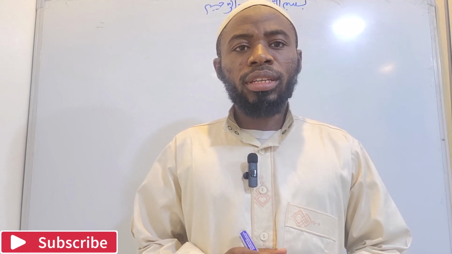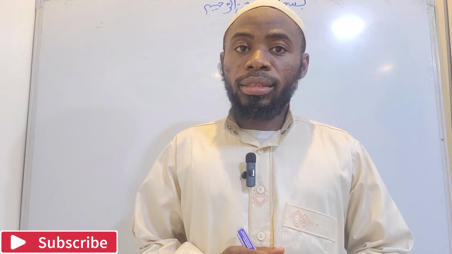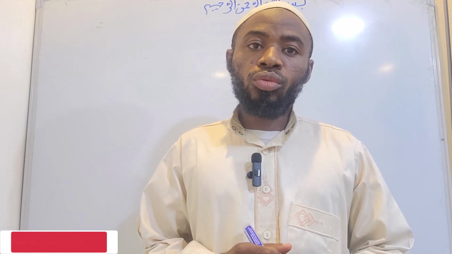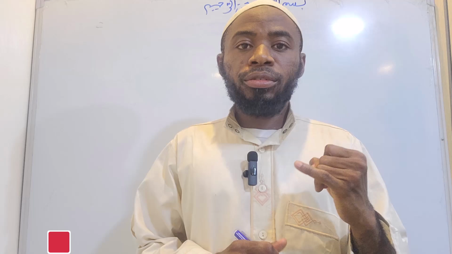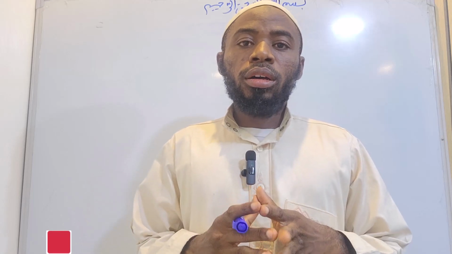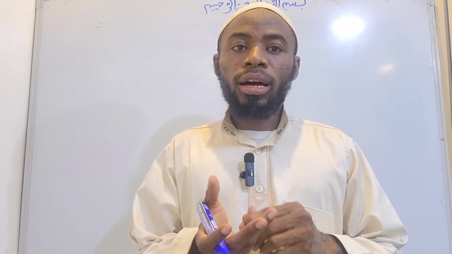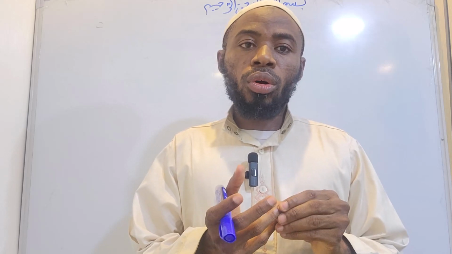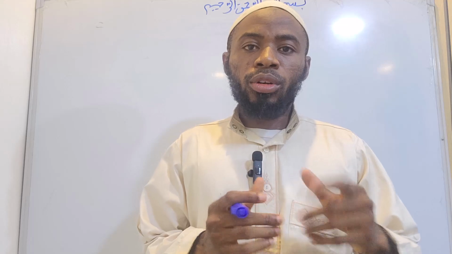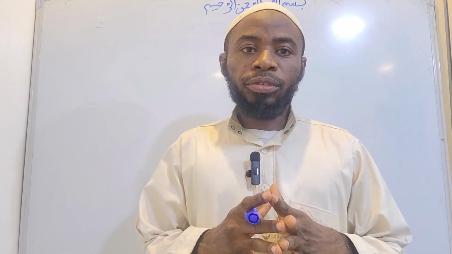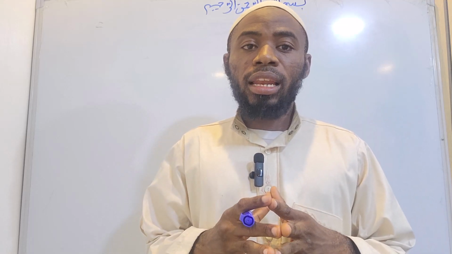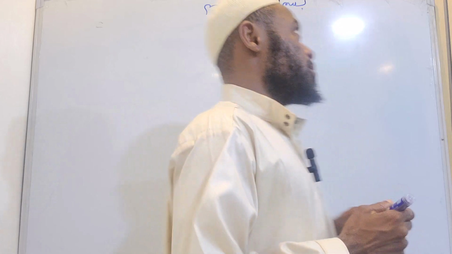In our last class, we started the learning of Arabic letters, and we were able to learn Alif to Ha. For this class, we are going to be learning from letter Ha to letter Dod. A quick one, we are going to have a review of what we had in our last class, starting from Alif.